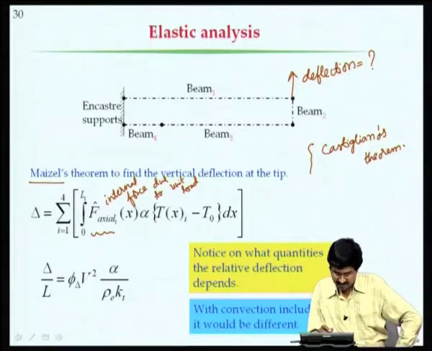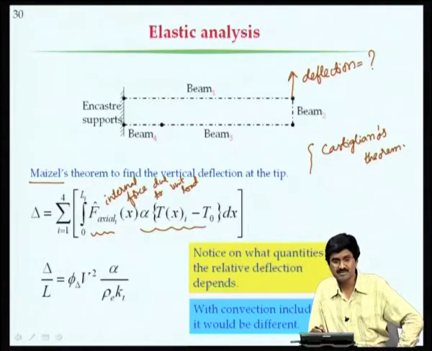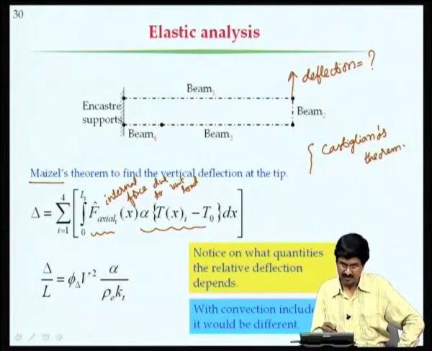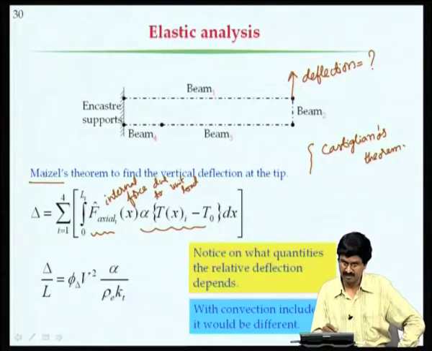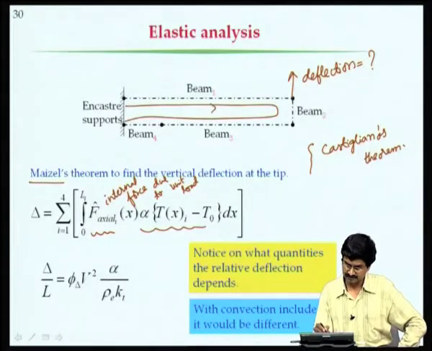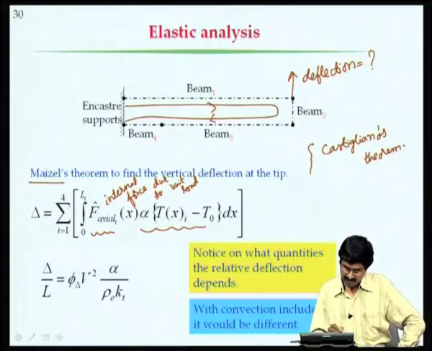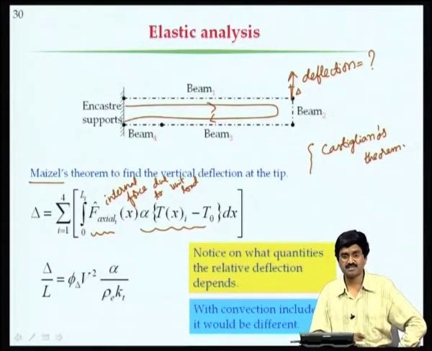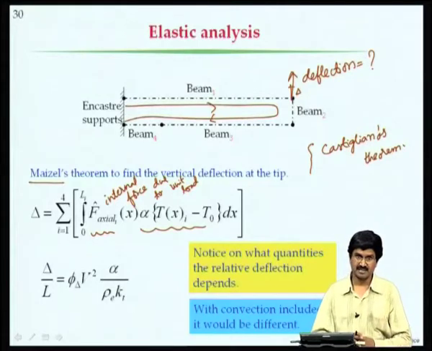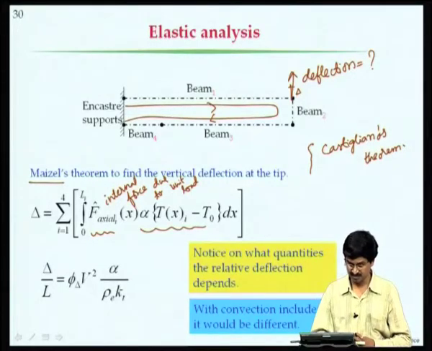When you multiply that with the thermal strain alpha times delta T and integrate it for the entire beam from here till here, that is this whole thing, we get the deflection at that point. If this moves by delta, we get that. That is what the theorem gives, just like Castigliano's theorem and other energy methods work.